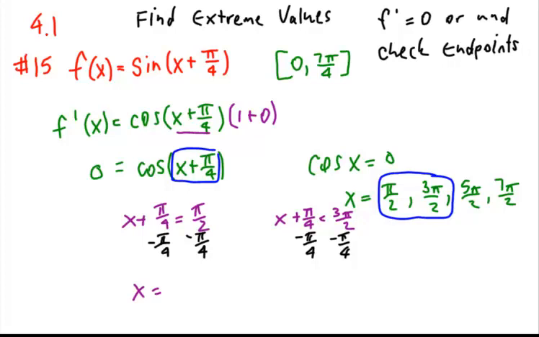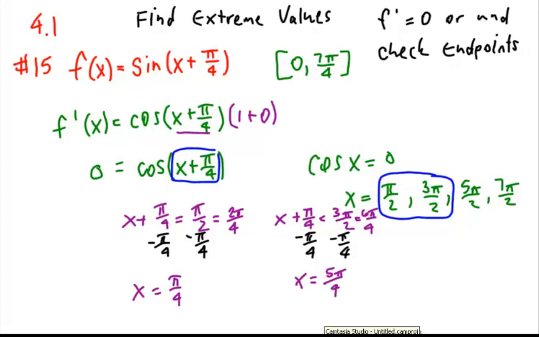Everything needs to be the same on the bottom, and that would give us 2 pi over 4 as an equality for pi over 2. So 2 pi over 4 minus pi over 4 is pi over 4. And then on the other side, the same thing. 3 pi over 2 is like saying 6 pi over 4. So 6 pi over 4 minus pi over 4 is 5 pi over 4.